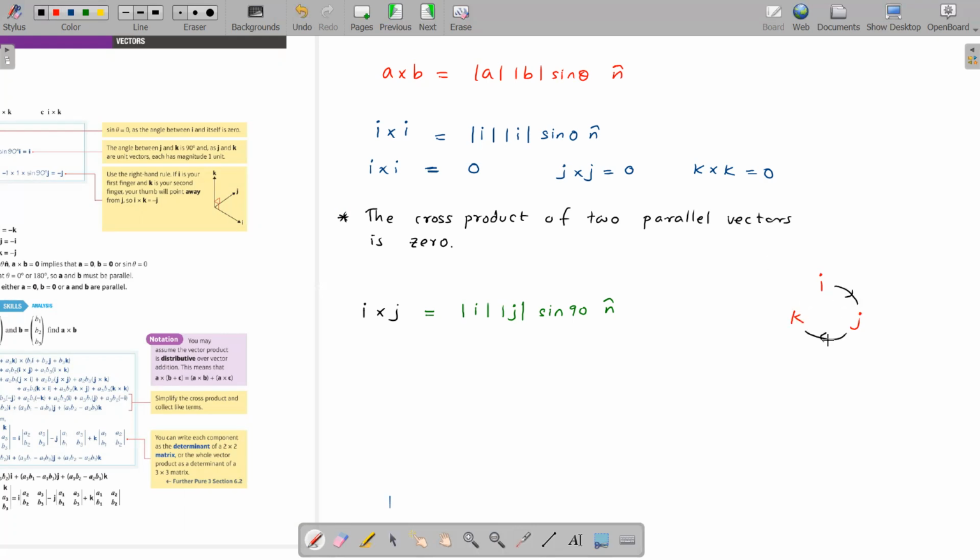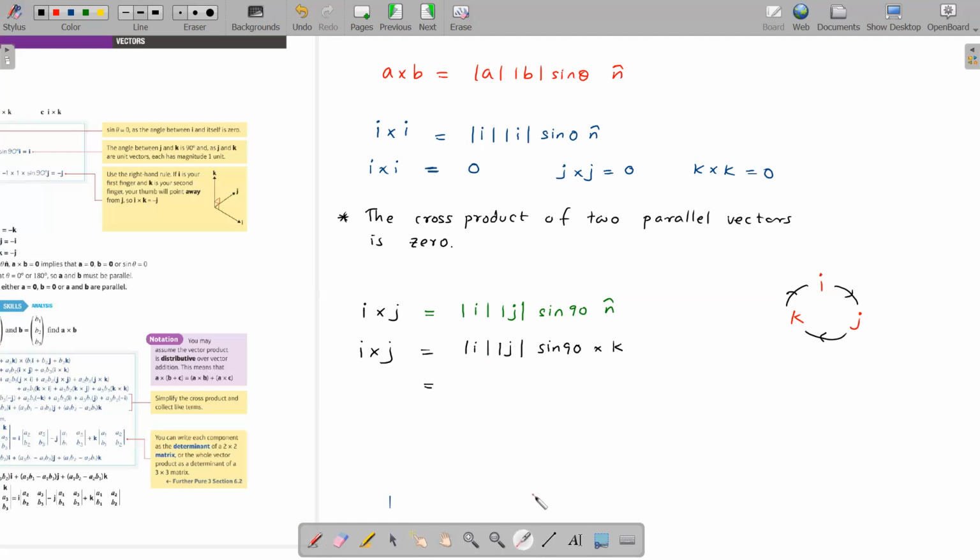I want I cross J. Going in the clockwise order I, J, K, the perpendicular vector will be positive K. So I cross J is modulus I, modulus J, sine 90, n hat, and n hat is positive K. Now let's input the values.